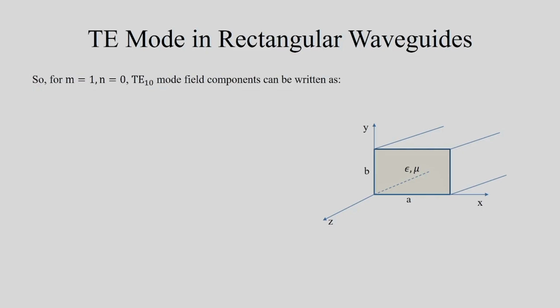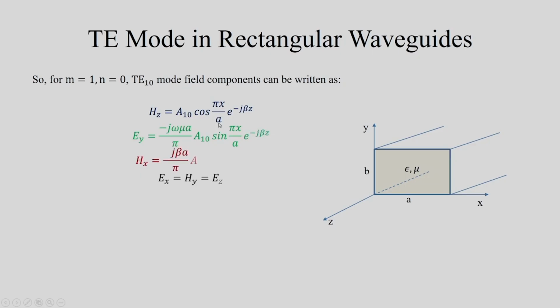So, for the TE10 mode, we can write the field components using the previous equations. Hz is A10 cos(pi x by a) e to the power minus j beta z, and Ey is minus j omega mu a by pi A10 sin(pi x by a) e to the power minus j beta z.